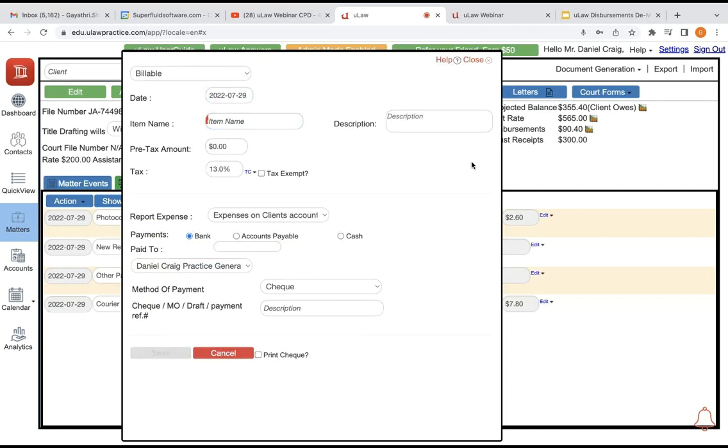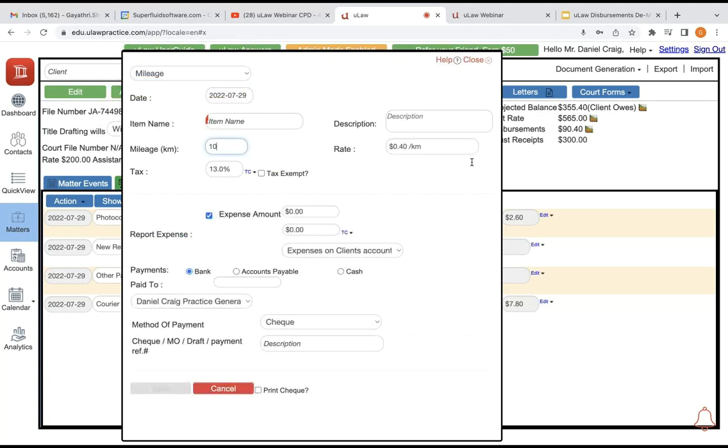So for example, let's say this was mileage. I am probably traveling 20 kilometers at 40 cents per kilometer plus taxes to meet my client. So the item name could be client meeting, traveled to meet client, gas expense, something like that.